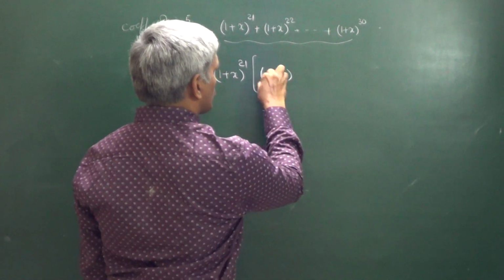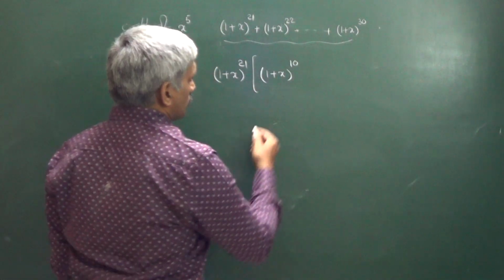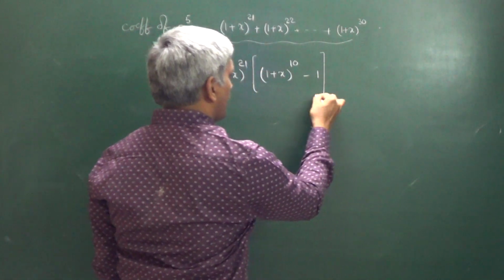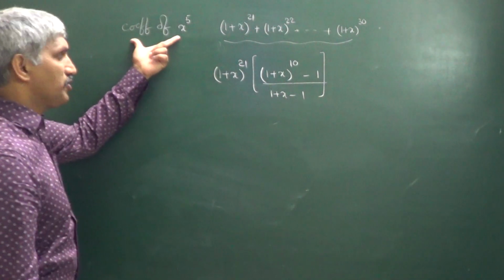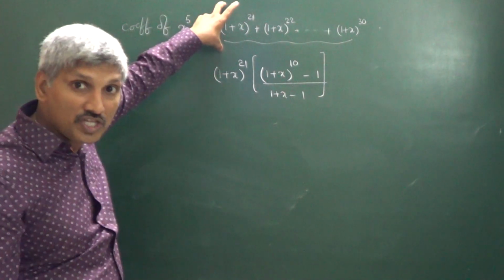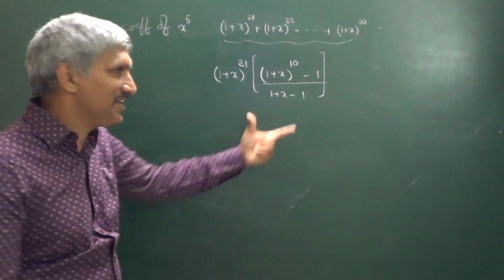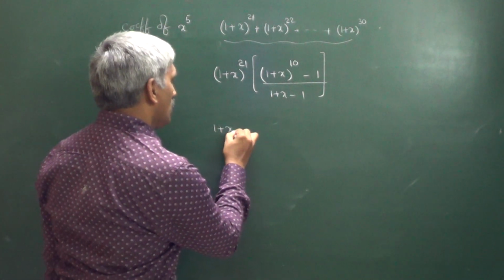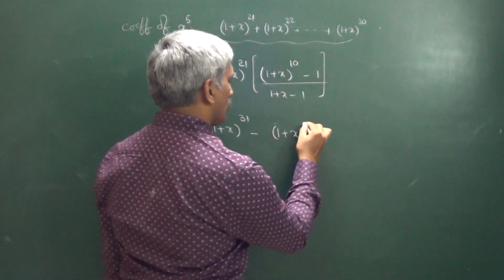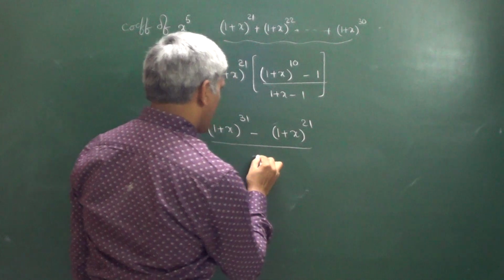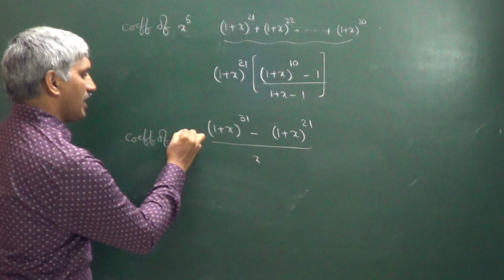We have to find out the coefficient of x to the power of 5 in this expansion, that means [(1 + x)^31 - (1 + x)^21] divided by x. Here we have to find out the coefficient of x to the power of 5.